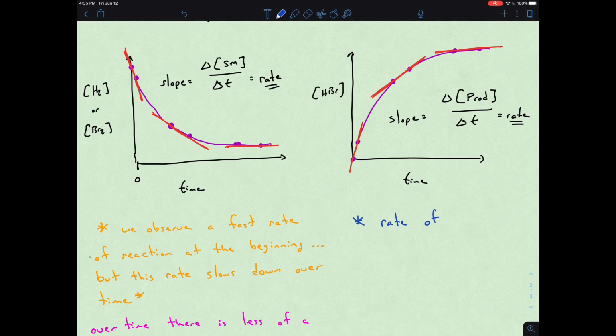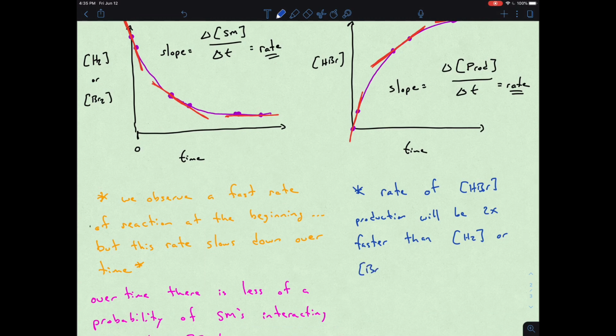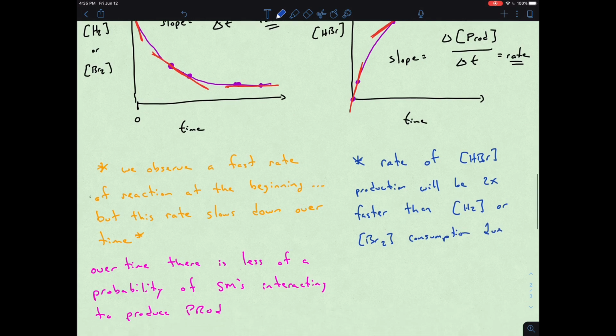So, for instance, the rate of HBr production will be 2 times faster than H2 or Br2 consumption. And this is simply due to the reaction stoichiometry.